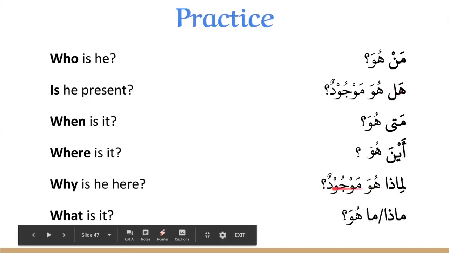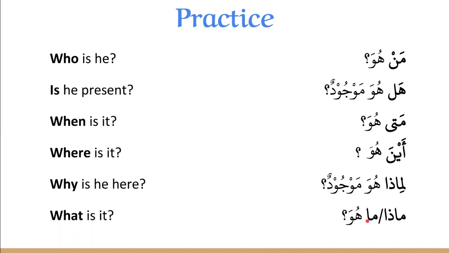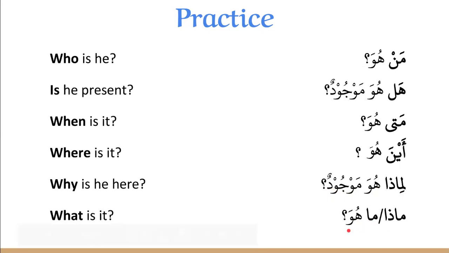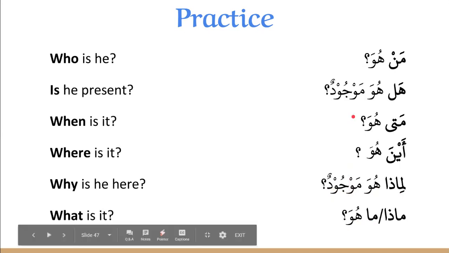Limaza huwa mawjud, why is he here? Huwa mawjud means he is here, or he is present. Then maza or ma means what, and huwa is he or it. So ma huwa, what is it? Okay. So this is pretty much it.